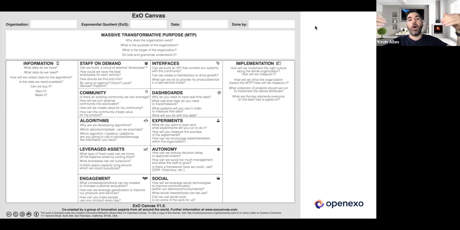Now, the reason we are so strong on MTP is so many of the other attributes rely on an MTP, right? So, if you're gonna do staff on demand, MTP is important. Community, MTP is important. Leveraged assets, MTP is important. Engagement, MTP is important. Autonomy, MTP is important. So this is why knowing, okay, where are we going as an organization?